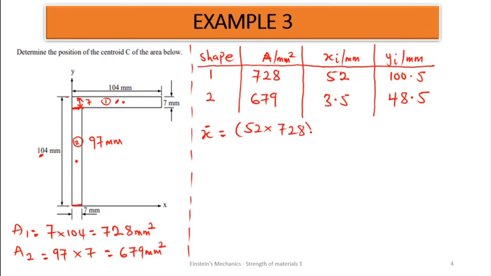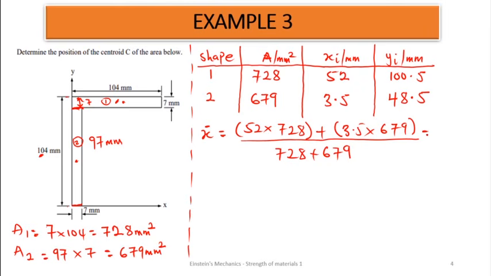There is no cutout, so it's just addition, and 3.5 by its area 679, everything on summation of the area, which is 728 plus 679, and this is giving me an x of 28.59 millimeters.